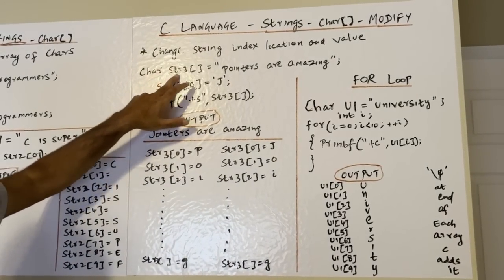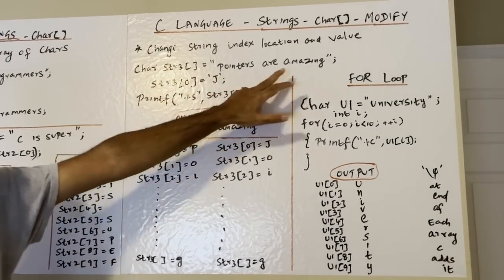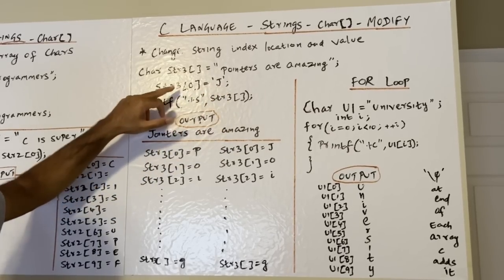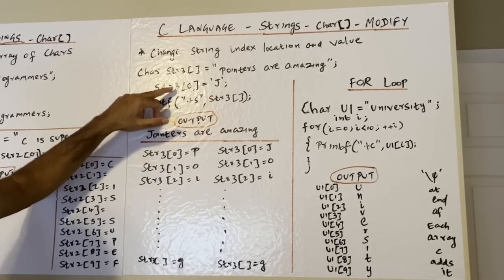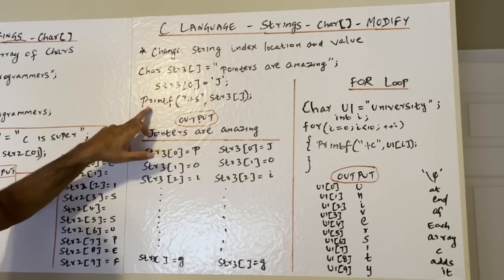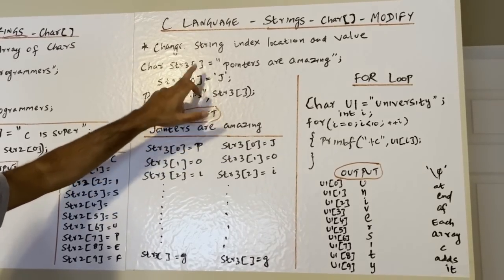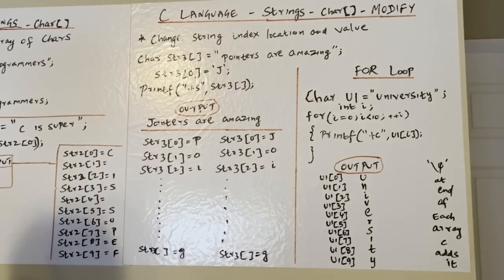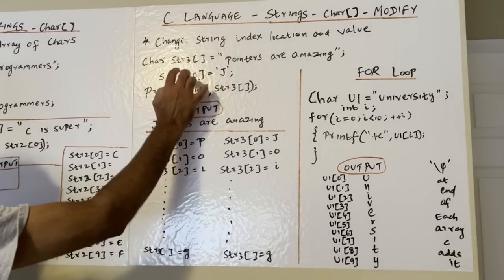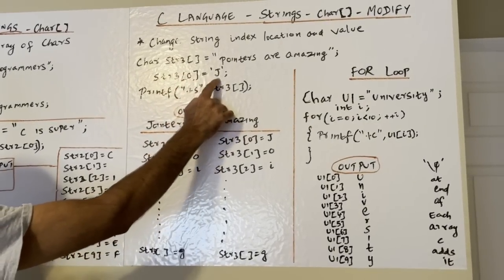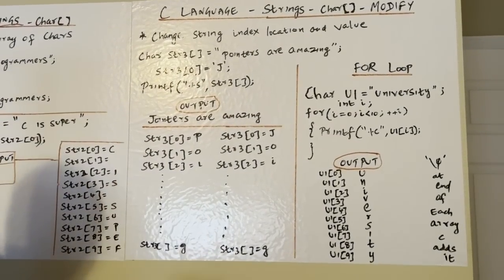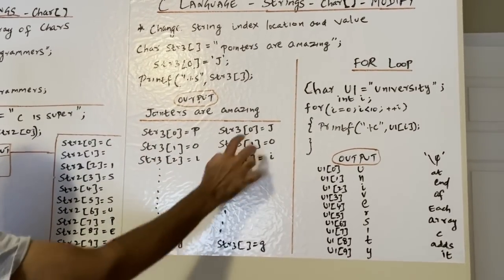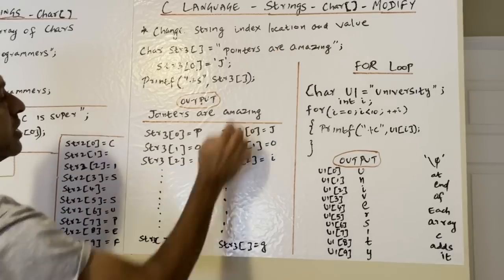Third example, str3 is an array: "Pointers are amazing." str3 of 0 equals J. Here I am defining another one. So printf %s str3 will print the actual string, but what happened was I replaced the value at 0 with J. The output will go 0, 1, 2 all the way to G, the last character of "amazing."